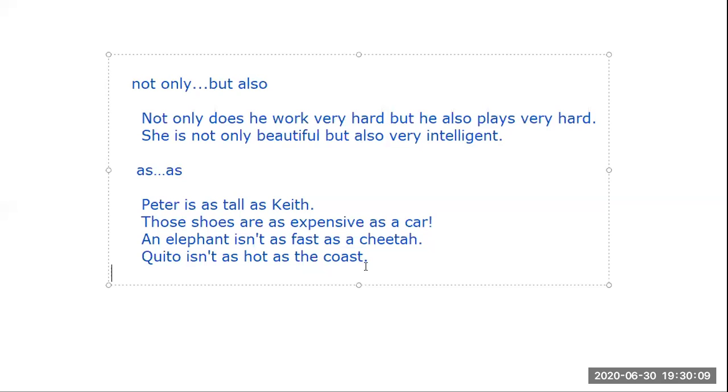So whereas not only but also, and neither nor and either or can combine different things, we're still comparing different things with as. We're comparing things, and we always need to include an adjective in the middle.